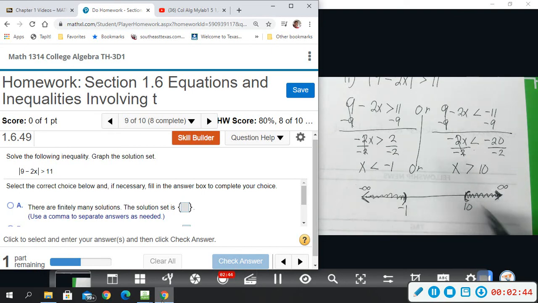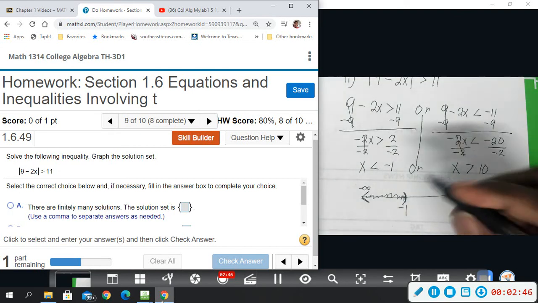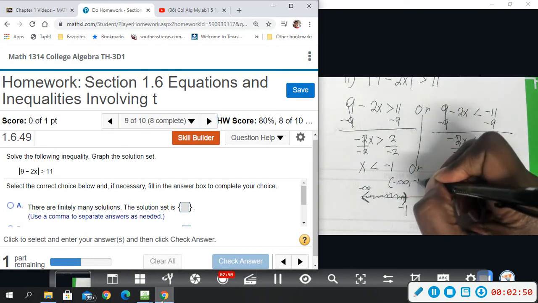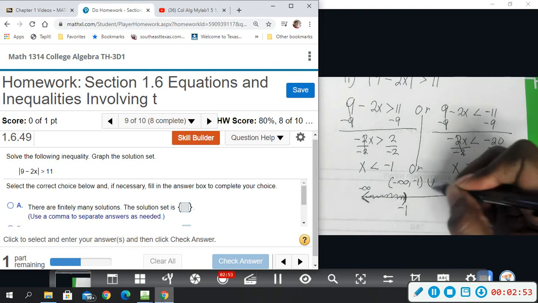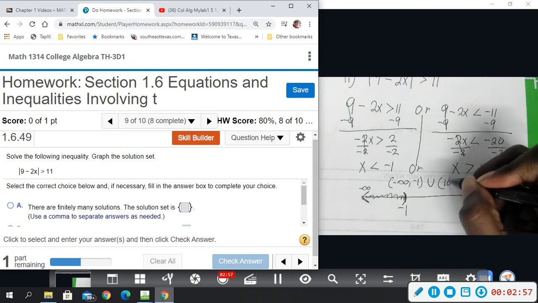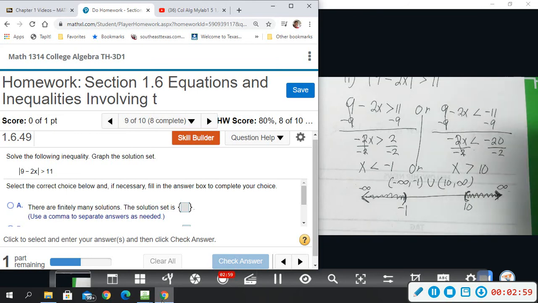Okay, so interval notation, this is negative infinity to negative 1, and then we have a union, and then we have 10 to infinity. So that will be our interval notation in our graph.